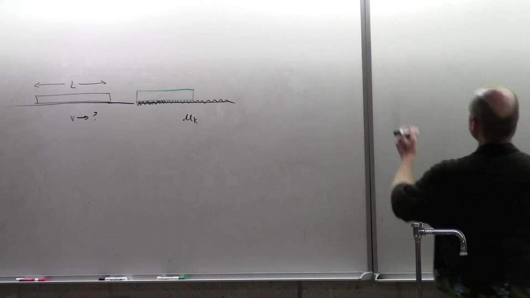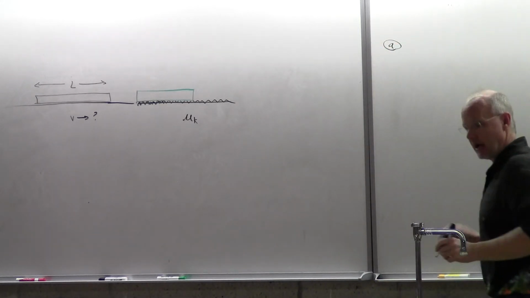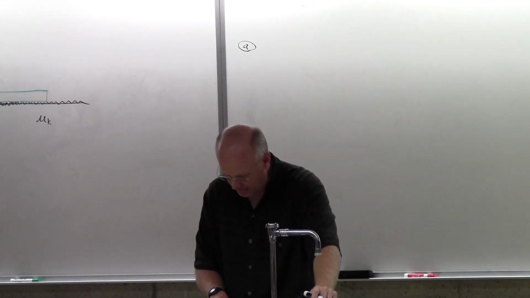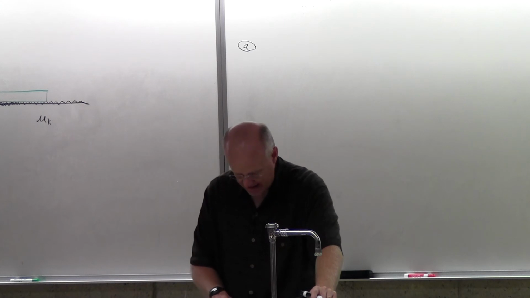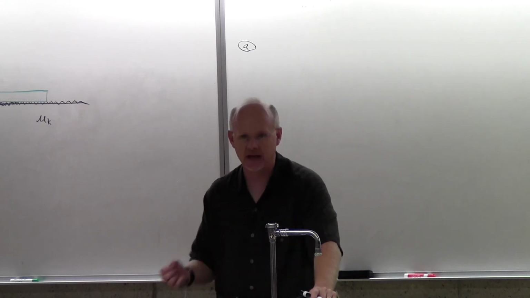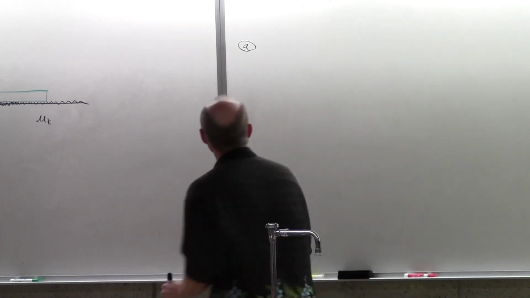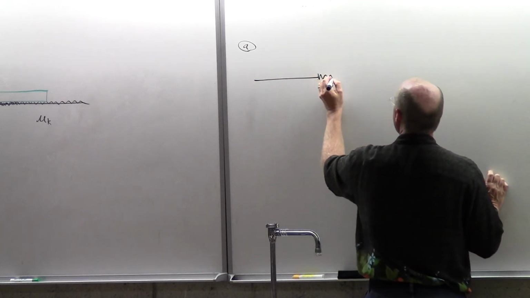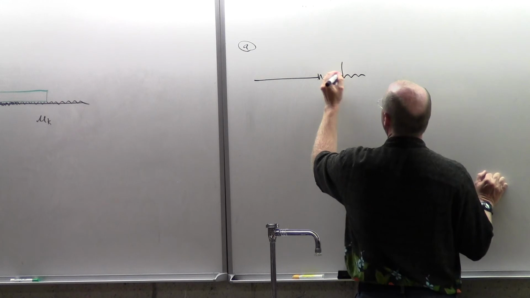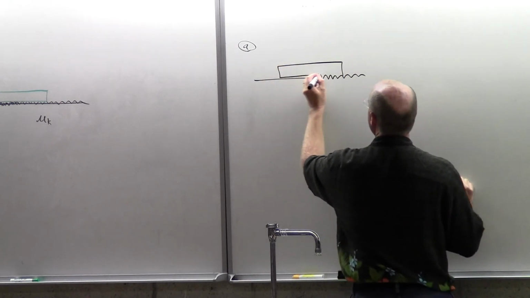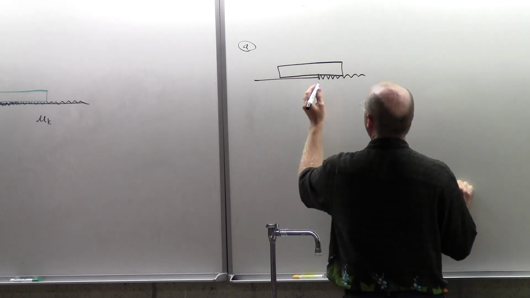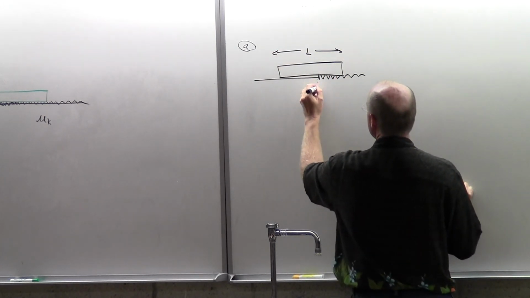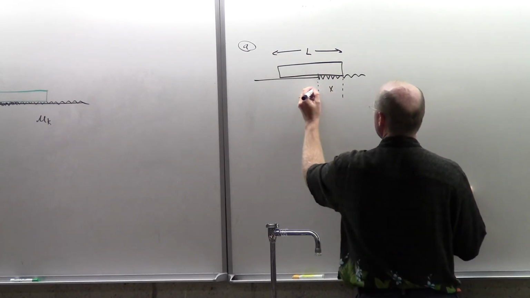Well, I'll start with A. A is kind of an intermediate step here. It says, find the acceleration of the board the moment that its front end has traveled a distance x beyond the boundary. So in A, they're looking at something like this. You've got the smooth part, then you've got the rough part, and the board is kind of half and half, where the total length is L, but this distance here is x.